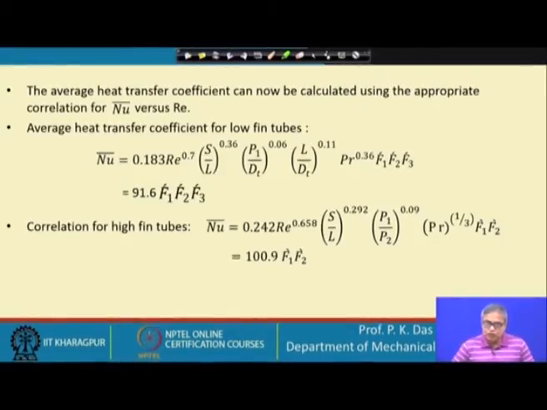How do we calculate these two factors? There are correlations for low fin tubes and for high fin tubes, this formula and this formula. So, we have to decide which one we can use, and already we have given this formula earlier. You are familiar with the terminologies used in this formula.